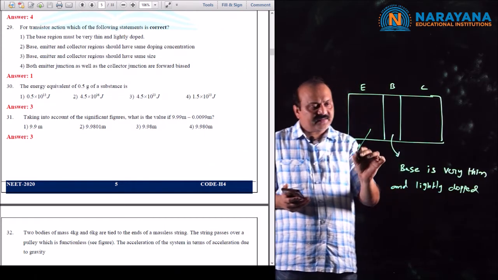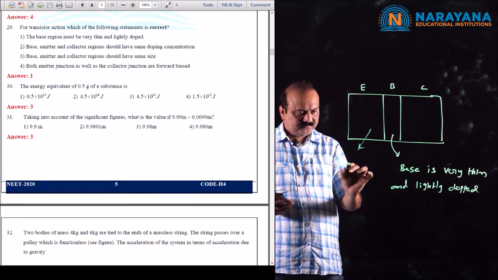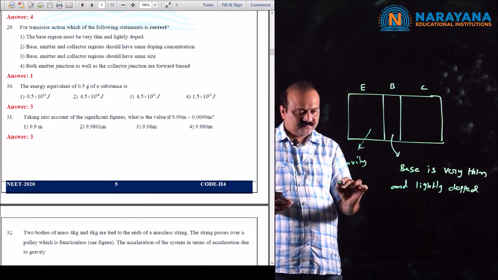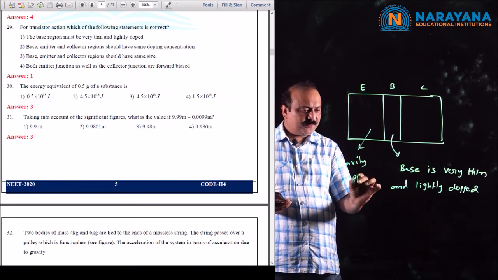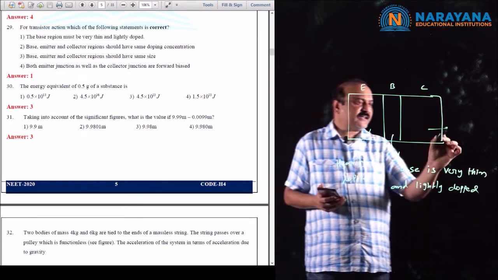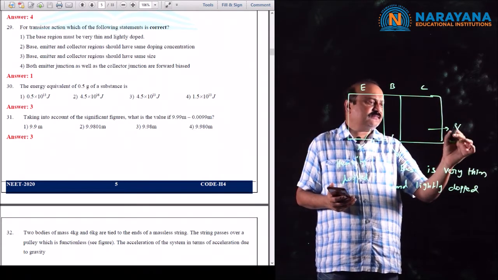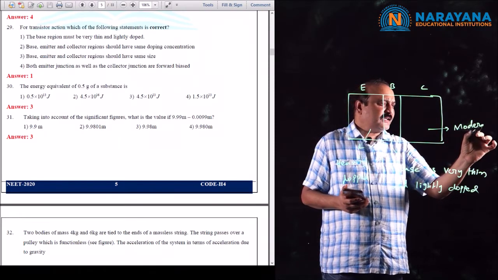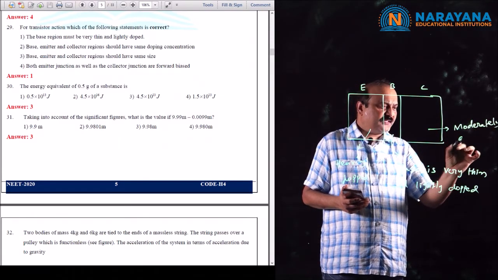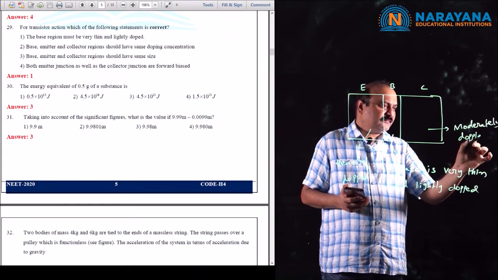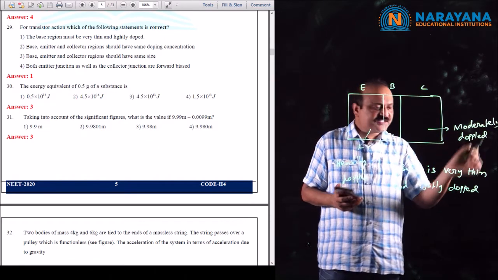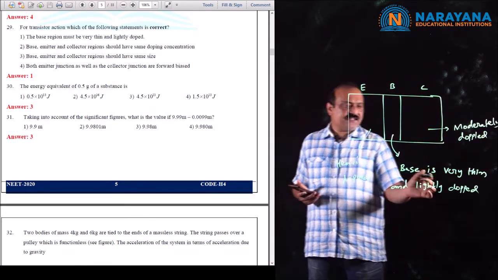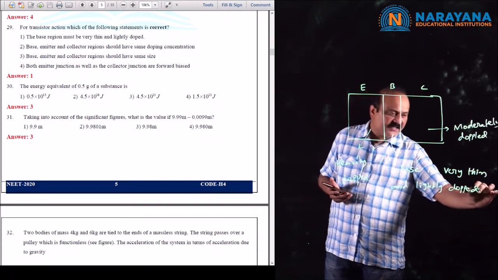And the emitter is heavily doped. And this collector is moderately doped and large in size. So the answer is base is very thin and lightly doped.